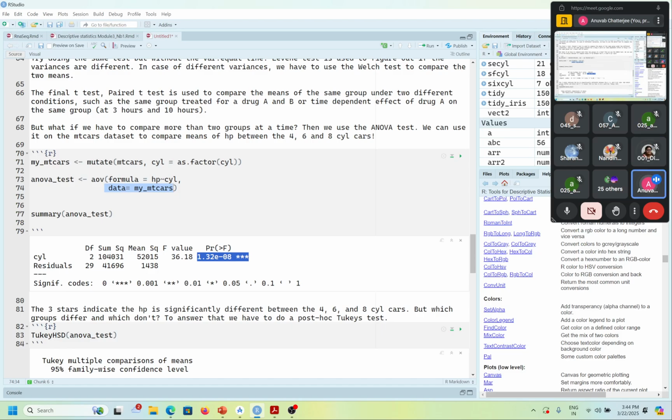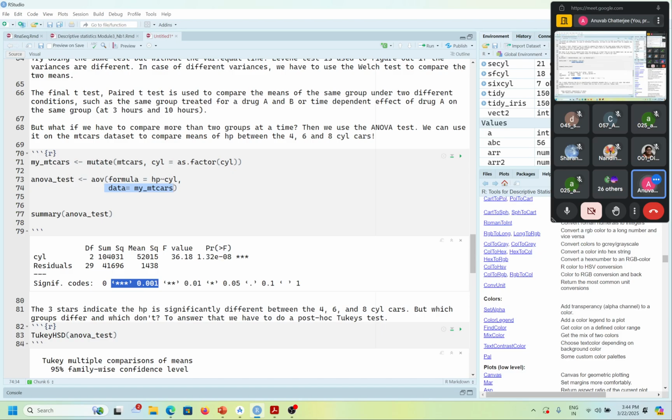Yeah, so the output is pretty complicated. We only look at this value, the PR greater than F, which is the p-value for the ANOVA. So as you remember, p-value less than 0.05 is significant and has 1 star associated. Less than 0.01, 2 stars, less than 0.001, 3 stars.